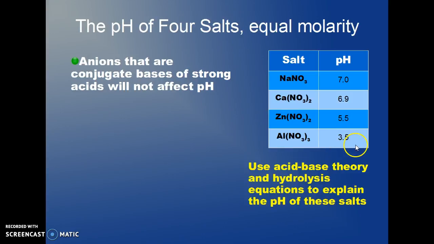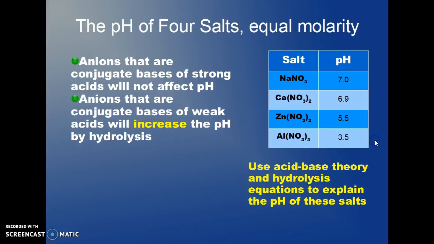And as you can see, the 3.5 pH shows a pretty high acid content. So the nitrate does nothing to the pH, but the other ions can.